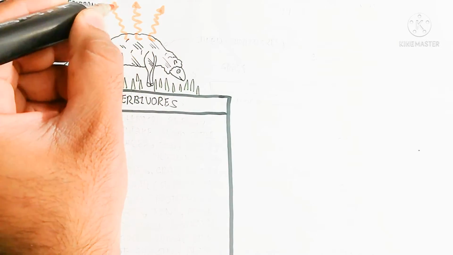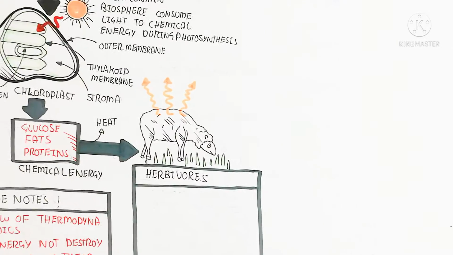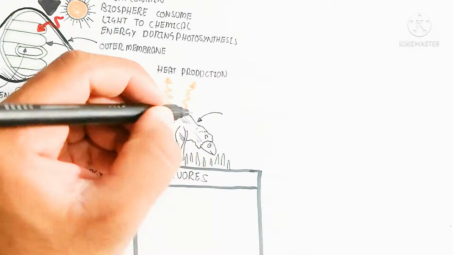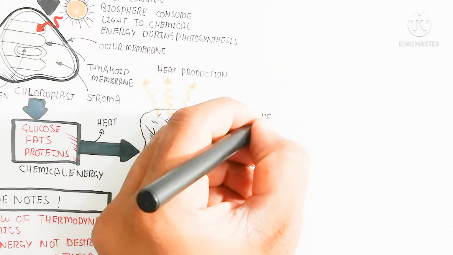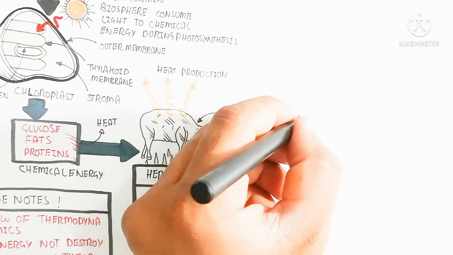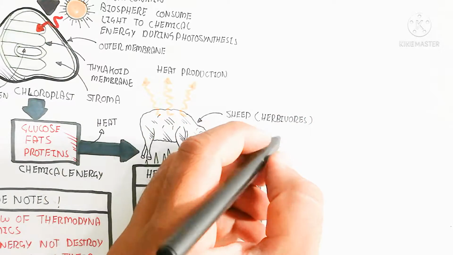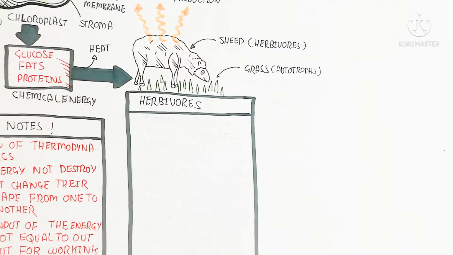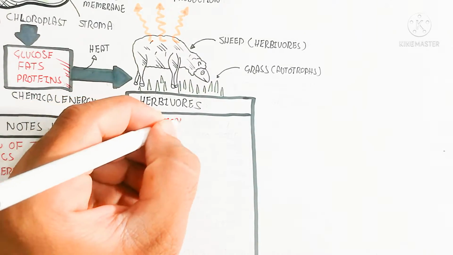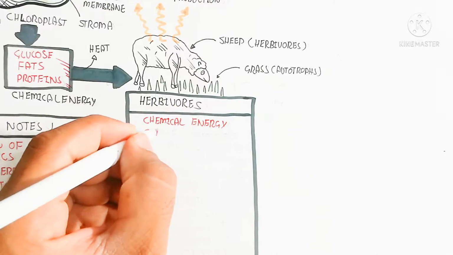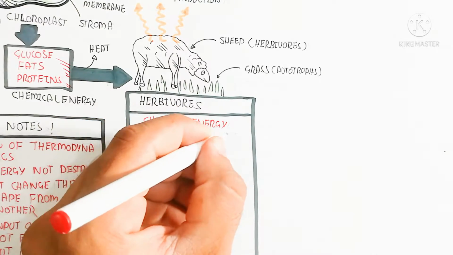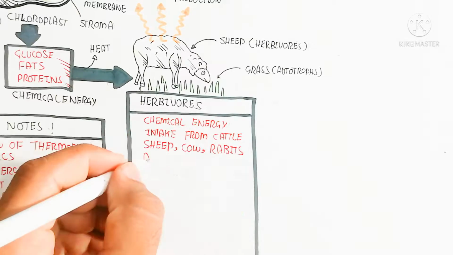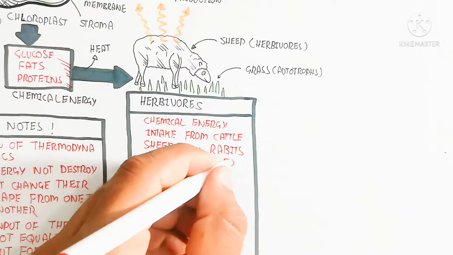The next trophic level is the herbivores. This is the primary consumer, and it also produces heat. The sheep, which is a herbivore, grazes the grass. Herbivores depend on the autotrophic organisms.